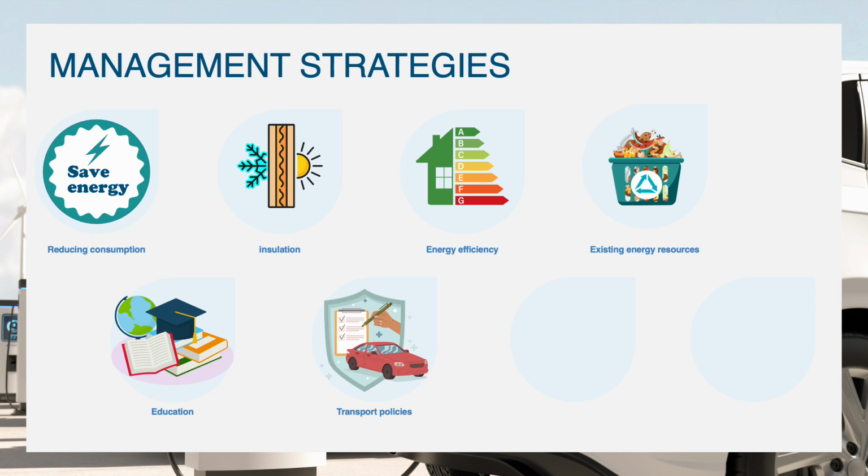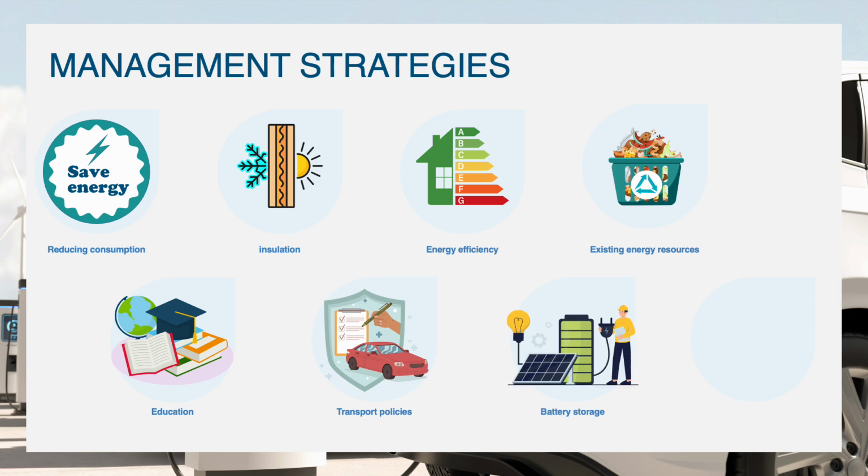If fewer private vehicles are used or if vehicles use less fuel, the demand for petrol and diesel will decrease. This will then reduce air pollution and greenhouse gas emissions.